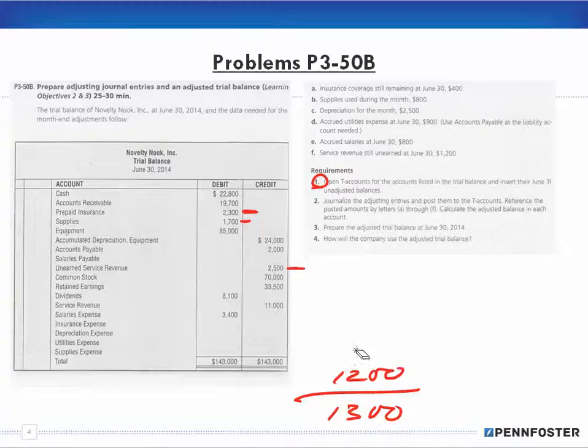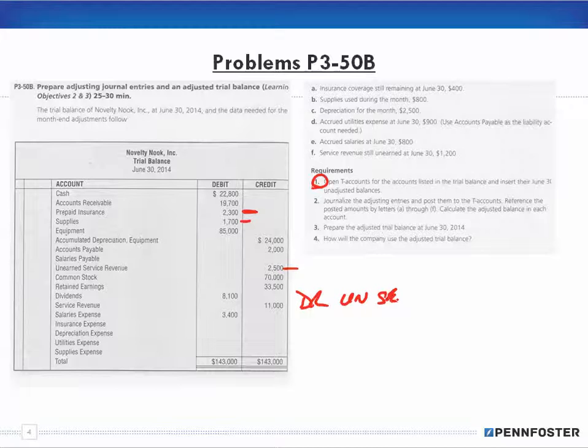So we have to reduce that unearned revenue account, and since the balance in that account is a credit, that means we're going to debit the unearned service revenue account for $1,300, and we're going to credit something else.